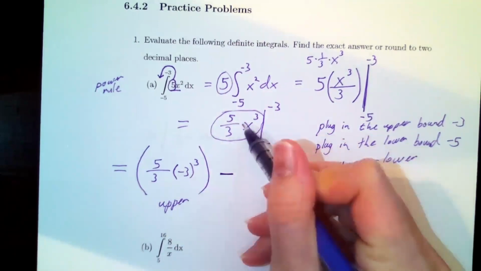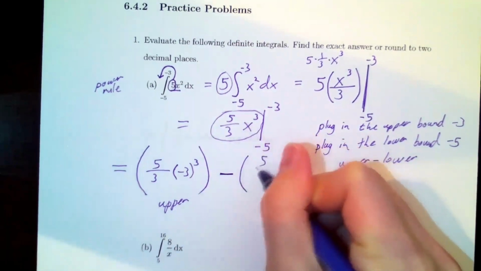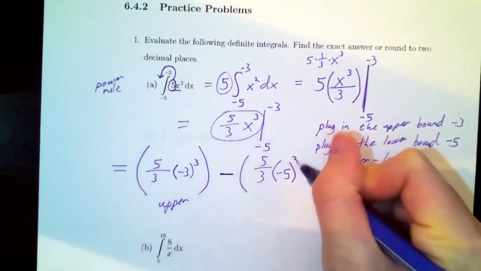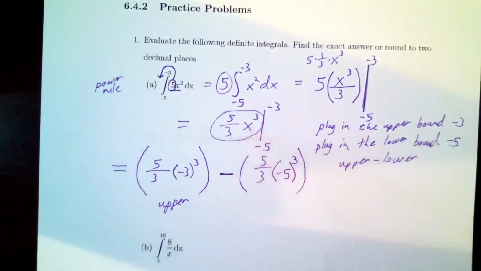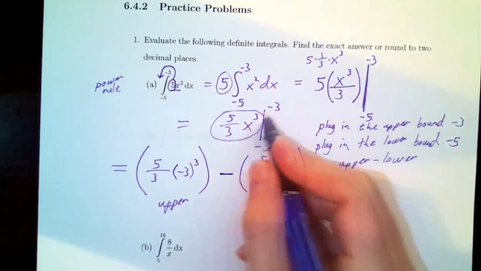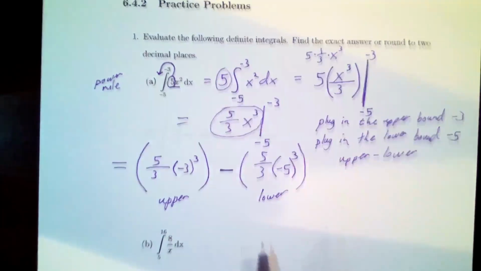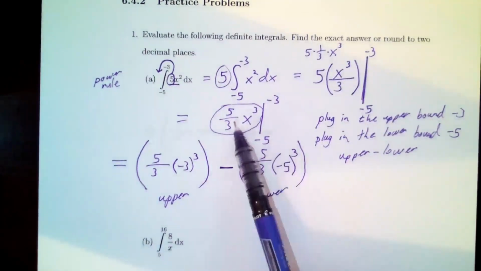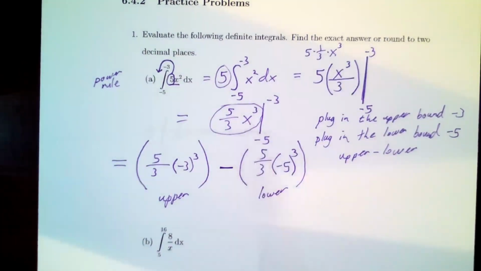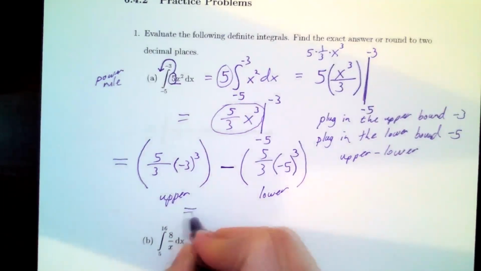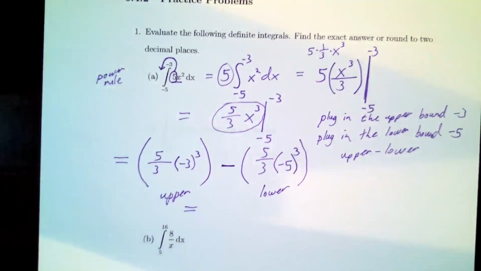So now plug minus 5 into that. You have 5/3 times negative 5 cubed. So now I have two different values that I'm going to subtract. I plugged in the upper number, and I subtract what I get when I plug in the lower number, the lower bound. And so we punch this out in our calculator to get a result.